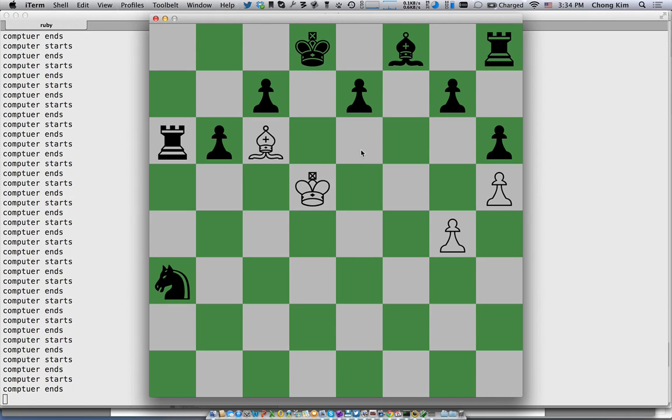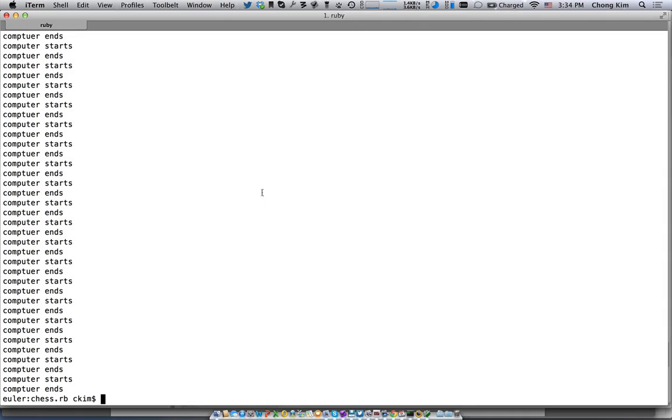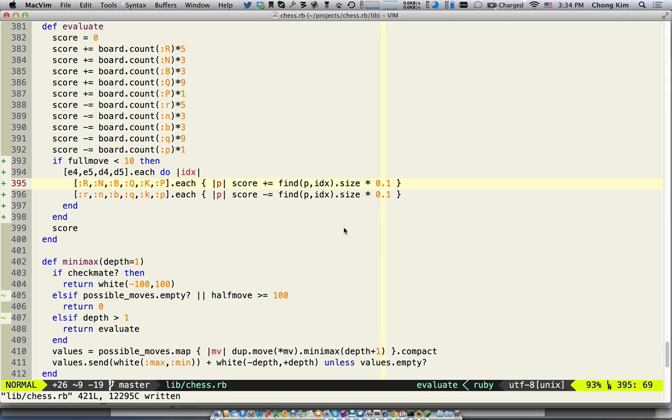All right, so I'm going to quit out. So actually, another thing that would probably make this play a little bit better is how close the pieces are to the king.